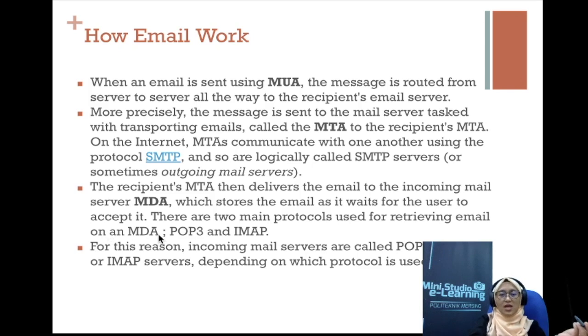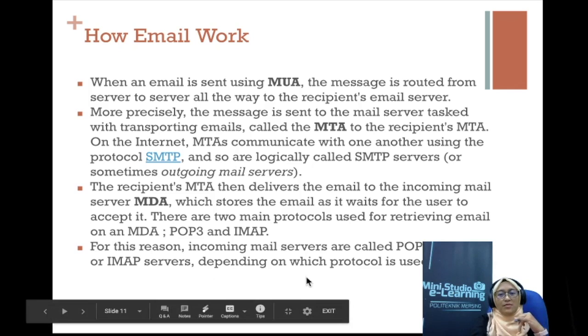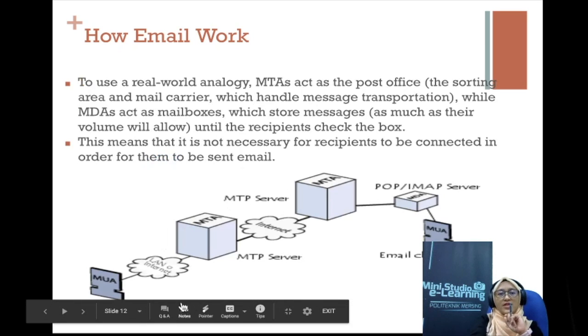On the MDA we configure it as either POP3 or IMAP. We can choose both, but we need to choose at least one of them. For this reason, incoming mail servers are called POP servers or IMAP servers, depending on which protocol you have configured.